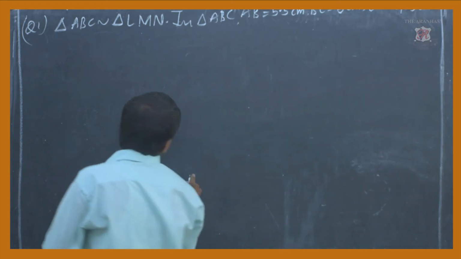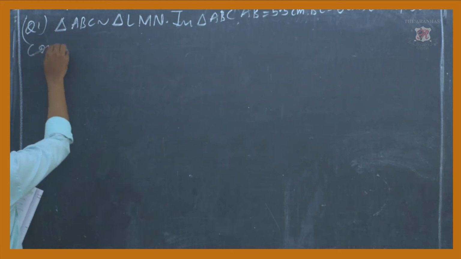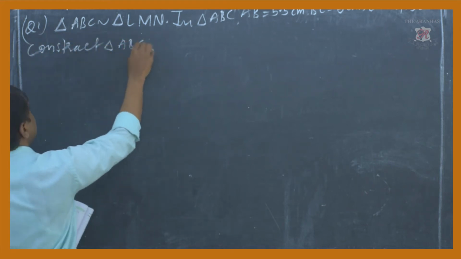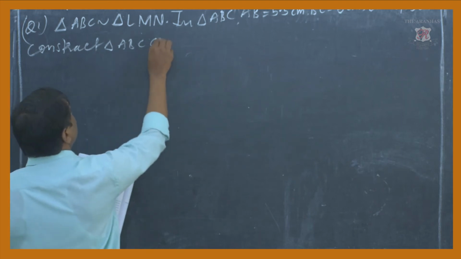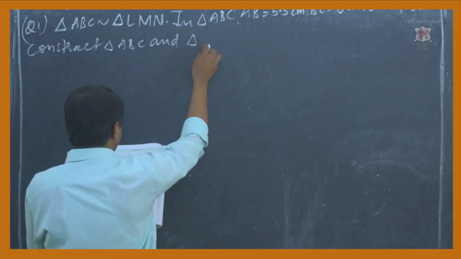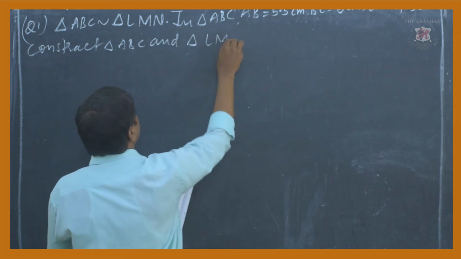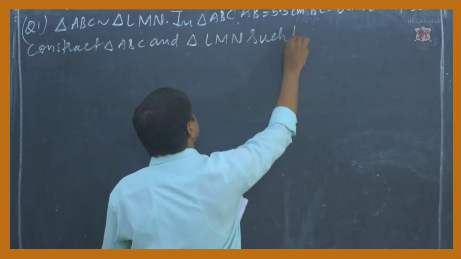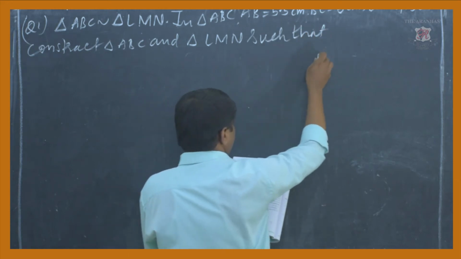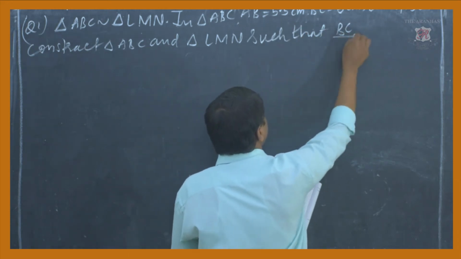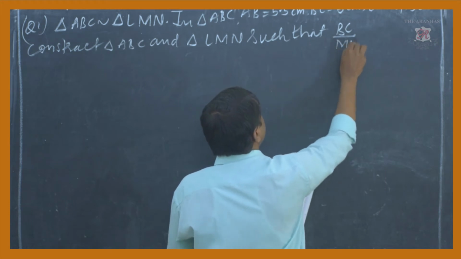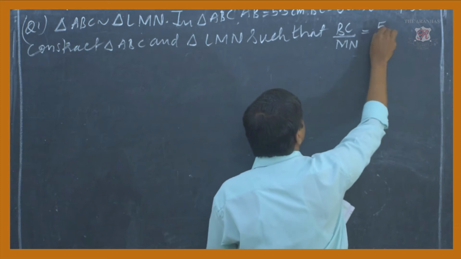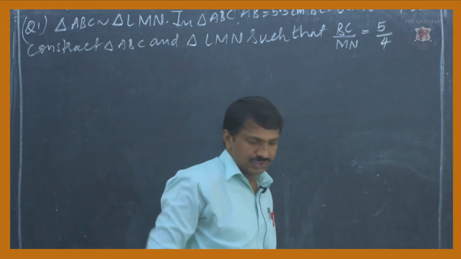And the question is: construct triangle ABC and triangle LMN such that BC upon MN is equal to 5 upon 4.